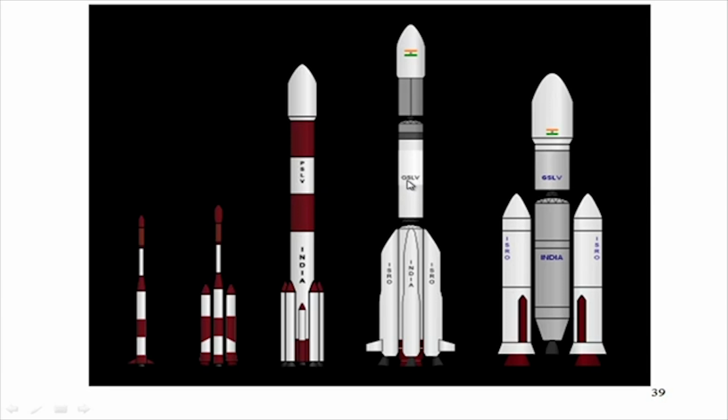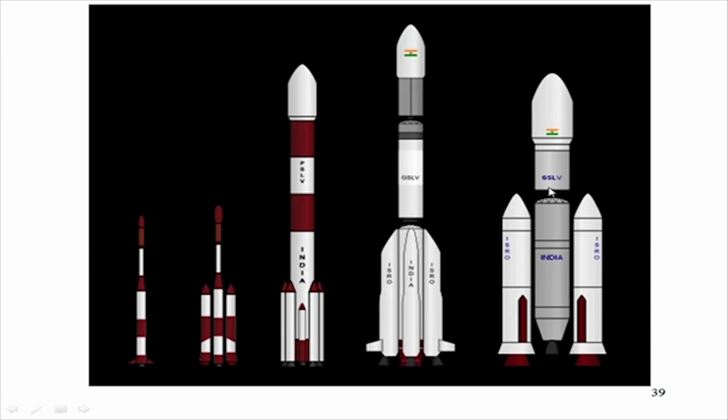Then GSLV, geosynchronous launch vehicle, bigger than this. You can see the height, and here also the satellite is put in the nose cone. INSATs are launched with this, and sometimes the ISRO people call it GSAT because it is launched by GSLV. Satellites are inside this nose cone.